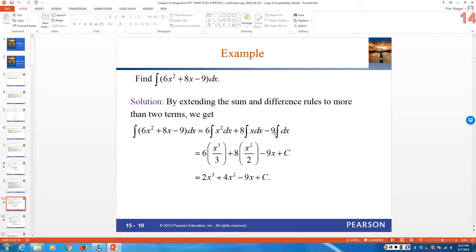And it would still be just -9. And if it was x to the 0 power, if you add 1 to the power, that becomes x to the first. And you divide by 1, that's x to the first over 1, and that's just x. So anytime you're doing the integral of a constant, it's going to be whatever that constant is times x.